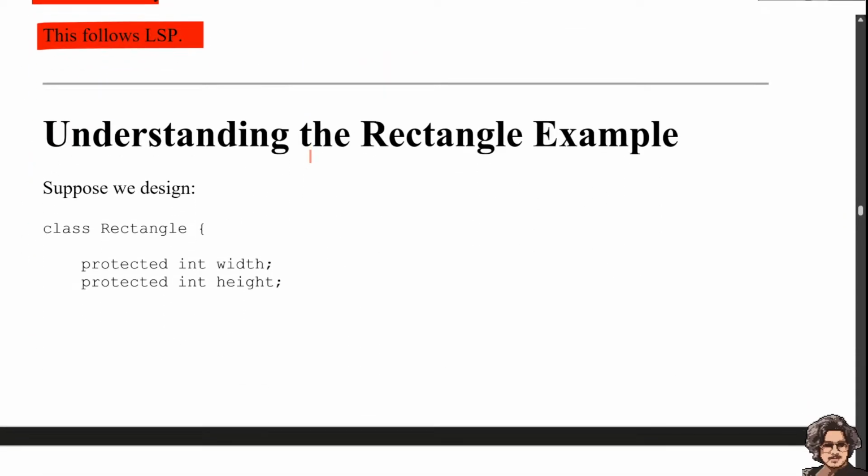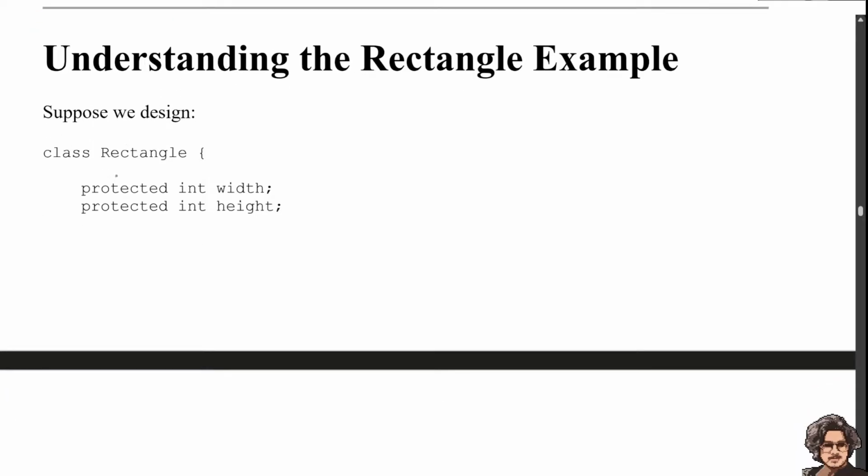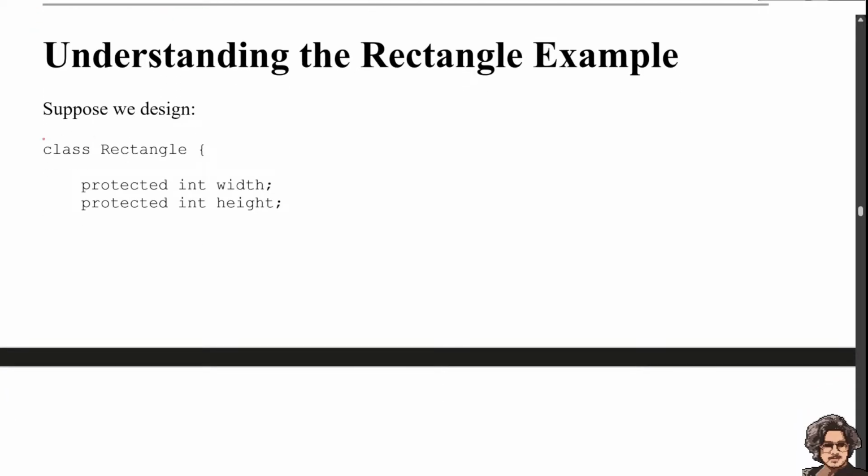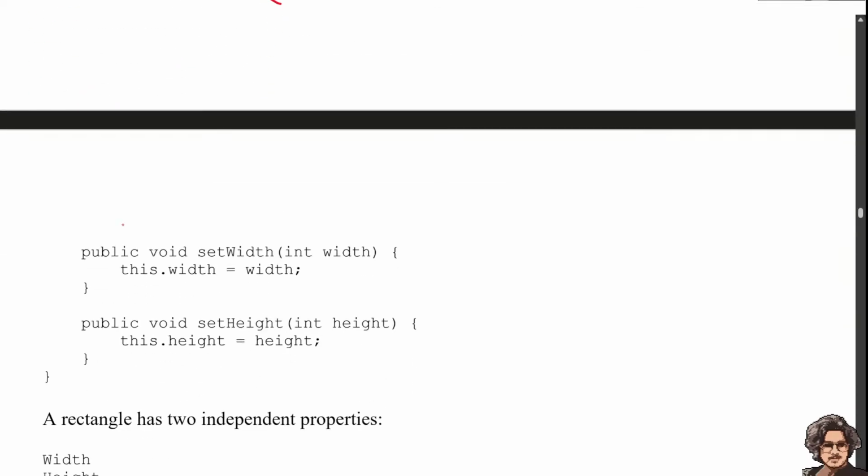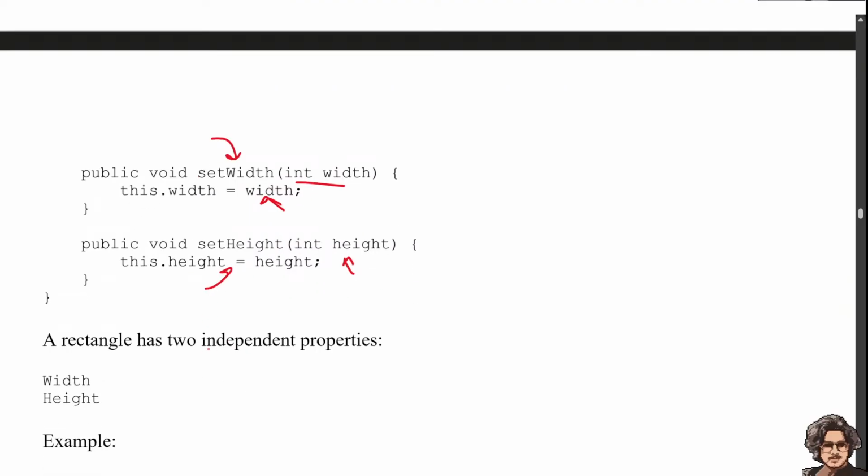Now let's understand it with the rectangle example. Suppose you design a Rectangle with access modifiers for the width and the height, and we create setWidth, where this.width is equal to the width, and public void setHeight, where this.height is equal to the height. So a rectangle has two independent properties, width and height.